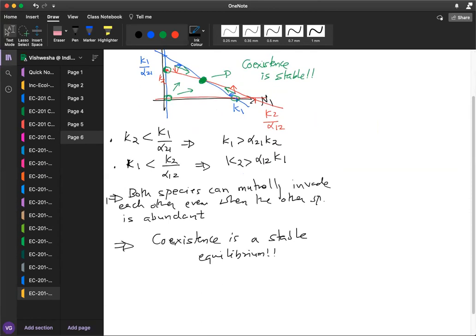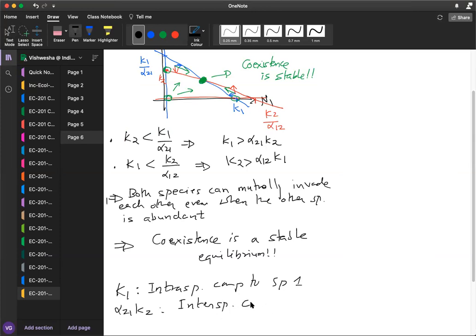Maybe I'll also write that down because it was good. We can interpret K1 as intraspecific competition to species 1, right? And then alpha 21 K2 as interspecific competition to species 1.